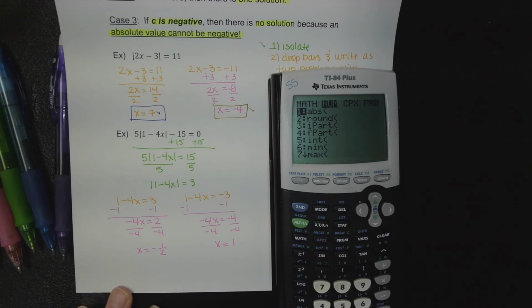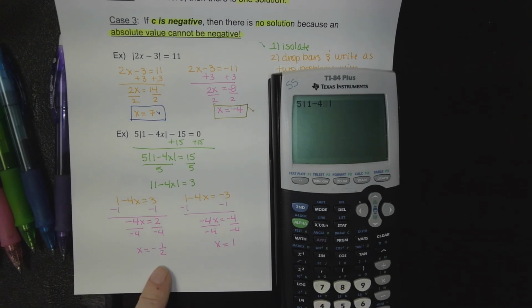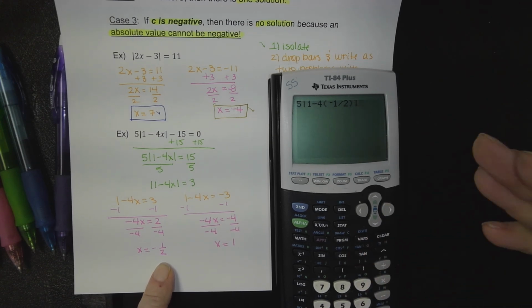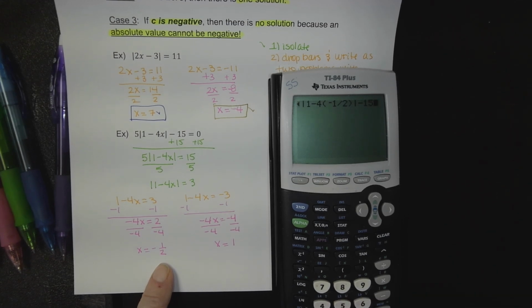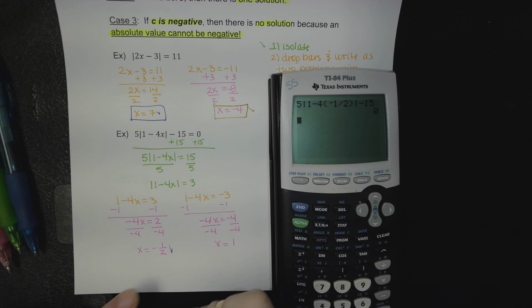The first one is absolute value. So you just hit that and it opens your absolute value bar, okay? So then we're going to say 1 minus 4, then we're going to put parentheses, negative 1 divided by 2. All that's in parentheses is in our absolute value. So we're going to go over minus 15. And that's 0.